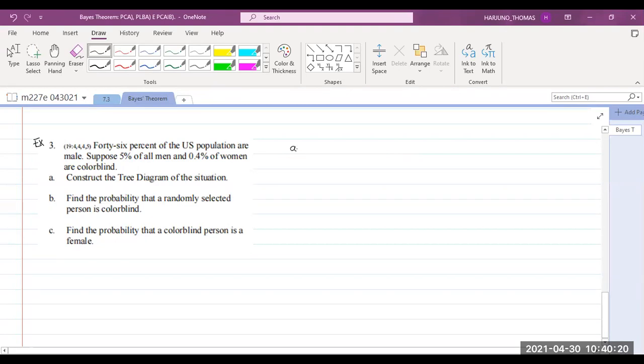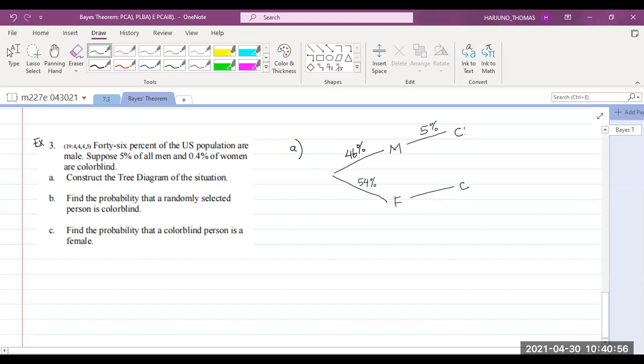Part A. 46% of your US population are male. So 46% male, then 54% female. Now then 5% of all males are colorblind, and 0.4% of females are colorblind.